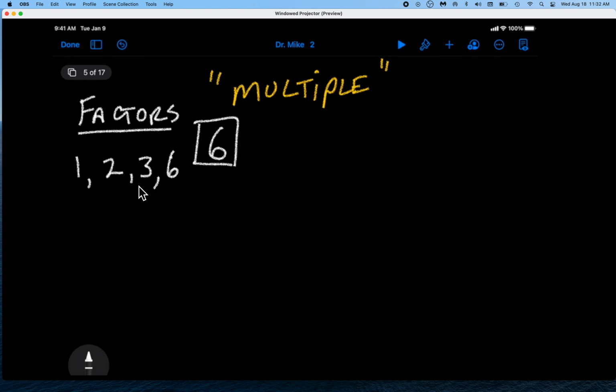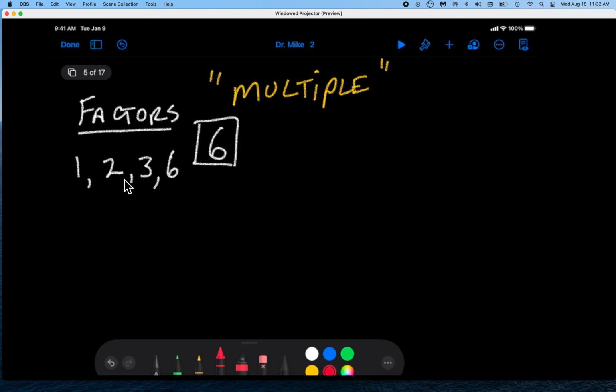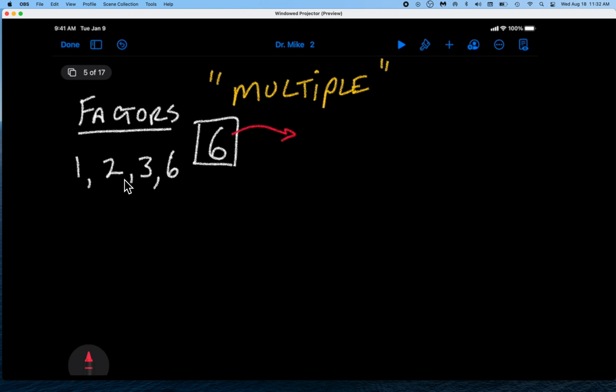Factors create a number. Now, multiples are when you take the number in the box and you get bigger. How do we do that? Well, we take 1 and multiply it by the number in the box.